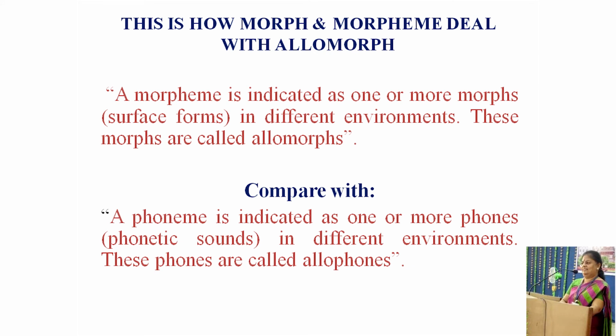A morpheme is indicated as one or more morphs, that is surface forms, in different environments. These morphs are called allomorphs. Compare this with a phoneme, which is indicated as one or more phones, that is phonetic sounds, in different environments. These phones are called allophones.